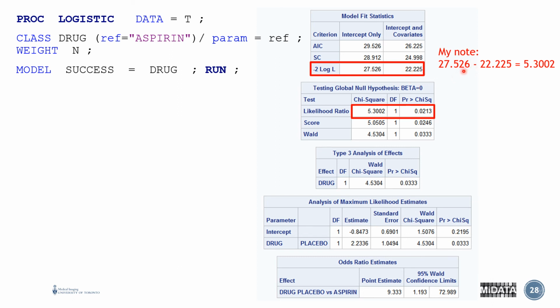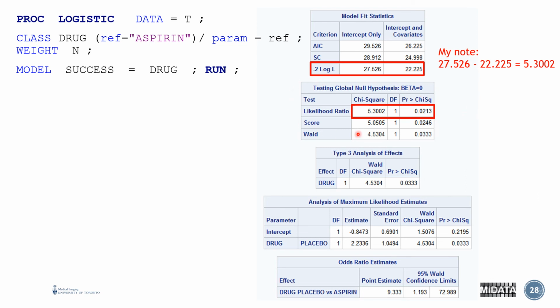And when you take the ratio, or in this case, we're taking the difference because that's a property of logs, that a ratio of logs is equal to the difference of the logs. This yields the chi-square of the -2 log likelihood ratio, as you've seen before. And then you can test it to see what's the probability of obtaining a result as extreme or more extreme than this one by chance alone.